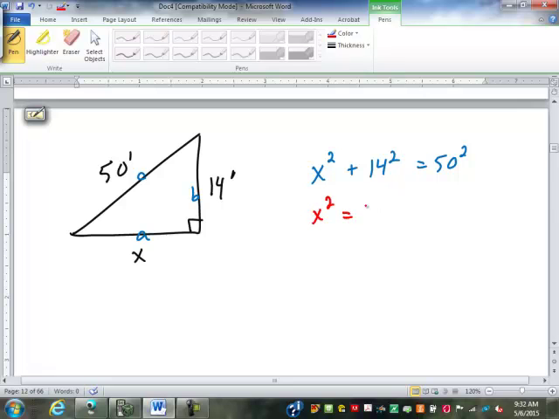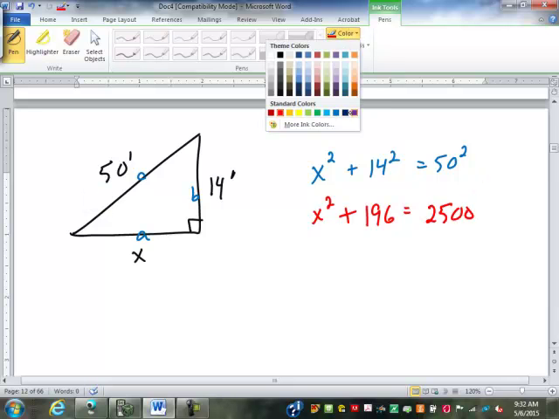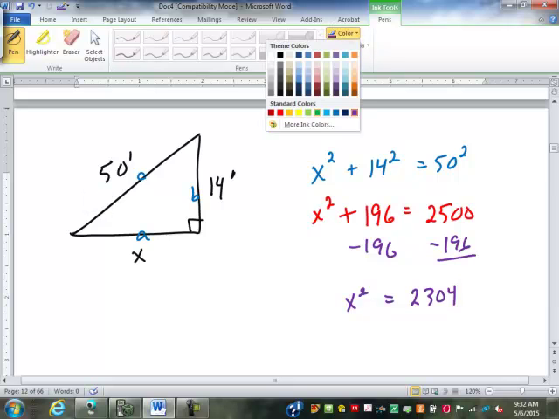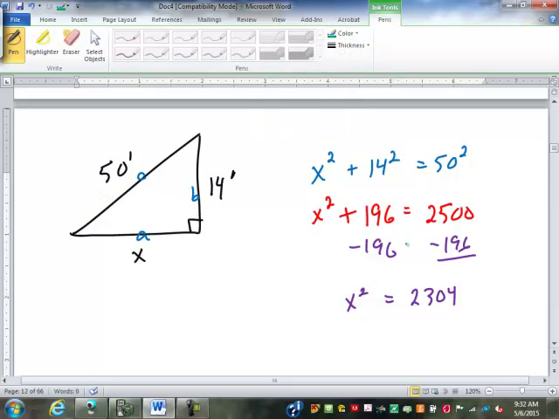What's 14 squared? 196, right? 50 squared, of course, is 2,500. Then what do we do? Well, we've got to get x squared by itself, so we're going to have to subtract 196. So x squared equals 2,304, which means next we need to square root, giving us that x is 48.